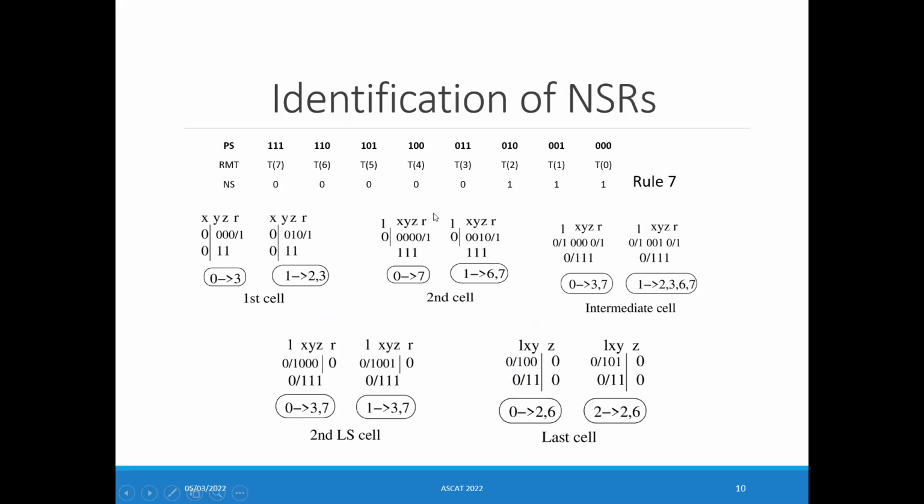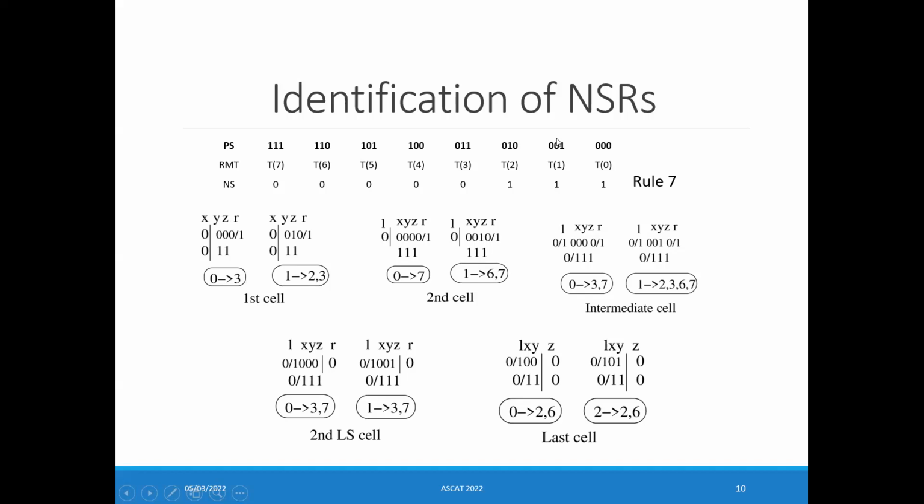This is one example of how to identify the NSR. Suppose we want to identify the NSR for rule 7, for the first cell. For the first cell, the leftmost cell will always be set to 0, and YZ will be 0, 0, and R may be either 0 or 1. So we want to identify the NSR for RMT 0.